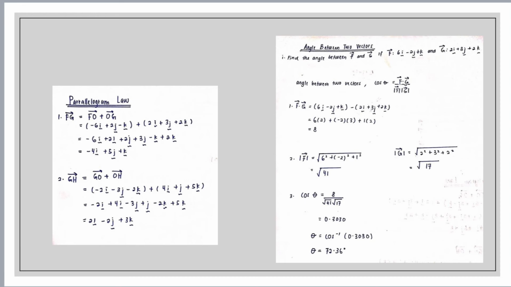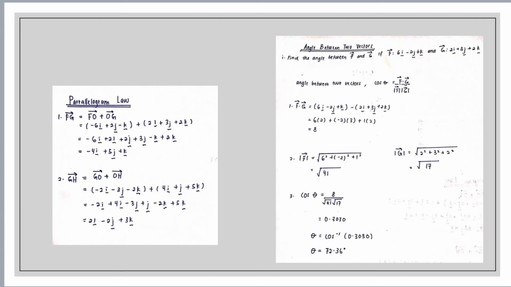In this next part, I'm going to explain how to find the angle between two vectors. To find the angle between F and G, F is 6i minus 2j plus k and G is 2i plus 3j plus 2k. In order to find the angle between two vectors, we need to use the formula, and the formula is cos theta.